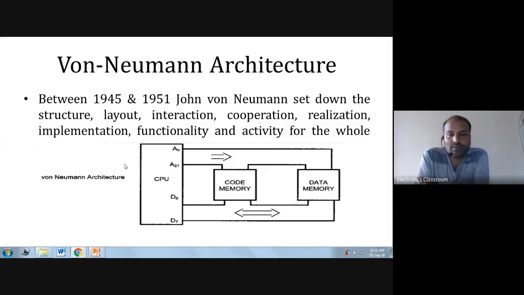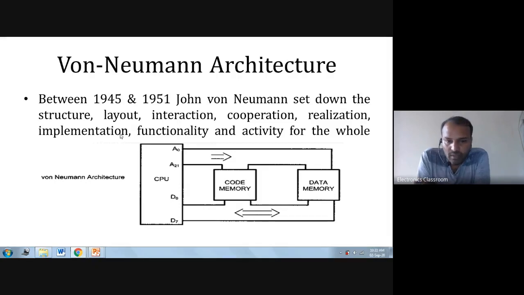In simple words, John von Neumann defined how instructions are stored on our CPU, and how the organization of memories should be there in the CPU.